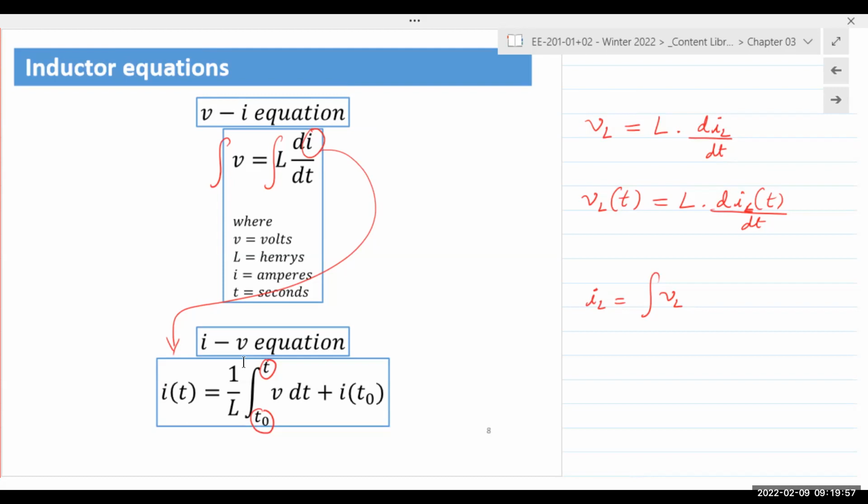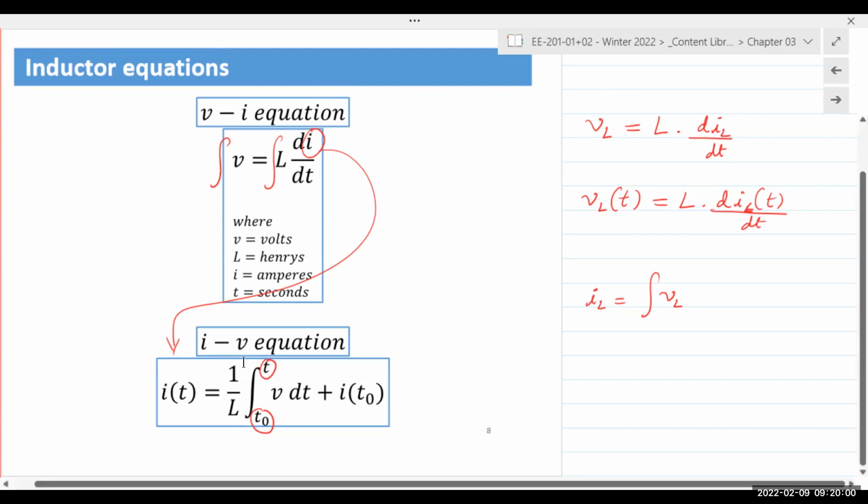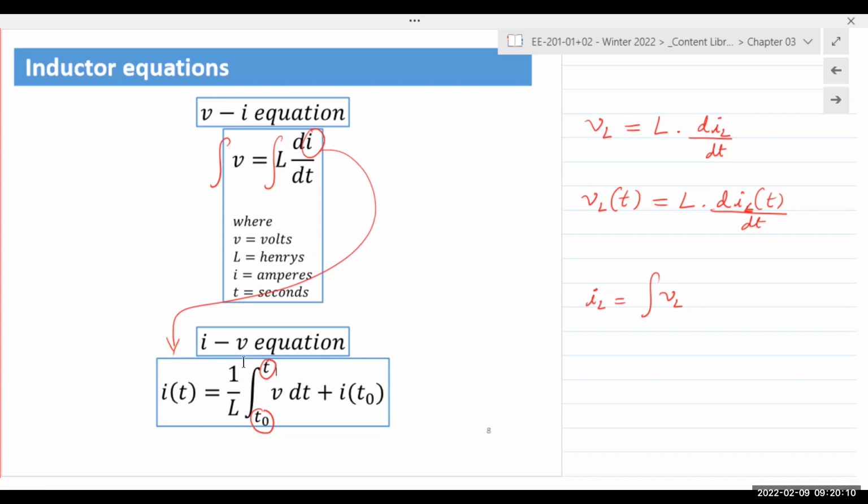And time t equal to 0 does not mean the beginning of time. It simply means the point in time at which we begin our analysis. It does not have any significance beyond that. You will see this t0 over and over again. So t0 or t equal to 0 simply means the point where we begin our analysis. That's all it means.